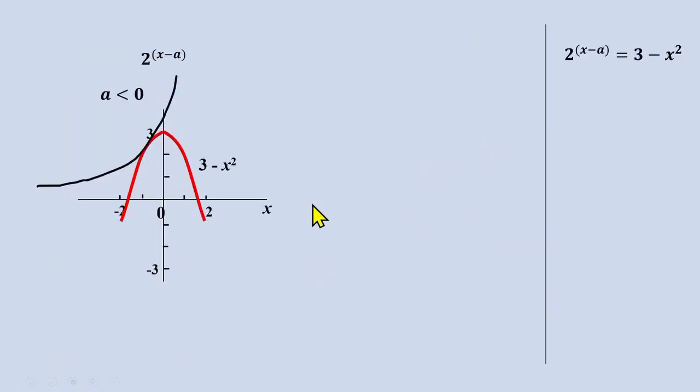Now we consider the case of the single solution of this equation. What do we have in this case? We have that these two curves have a single point of intersection, and at this point they have a common tangent. We denote the x-coordinate of the point of intersection as x0, and we try to find equations which involve x0 and a for this point.